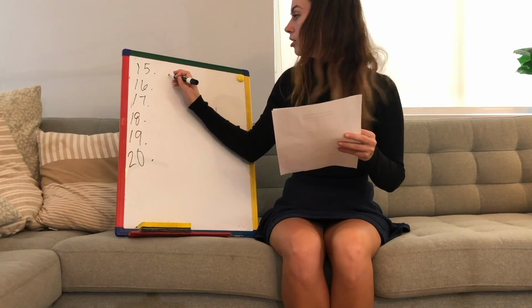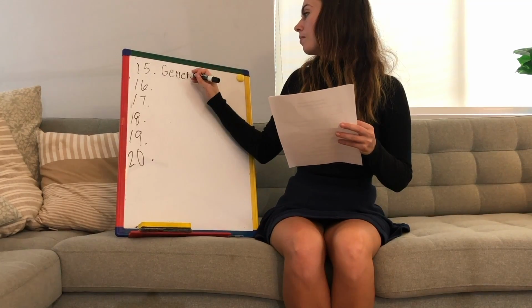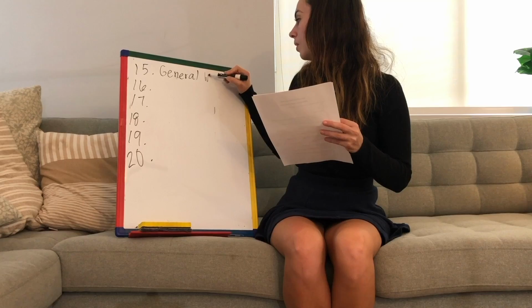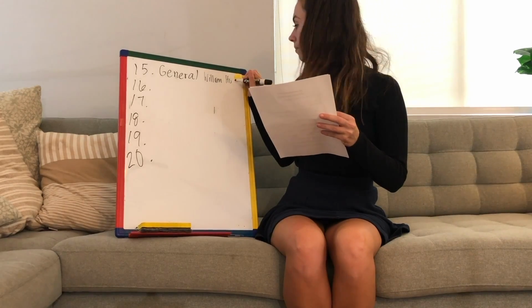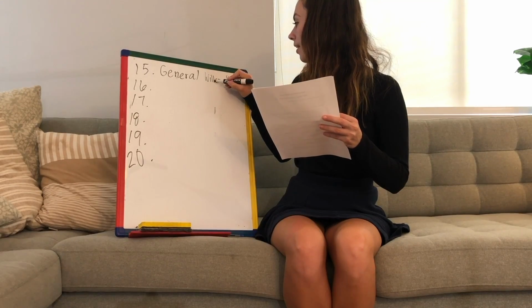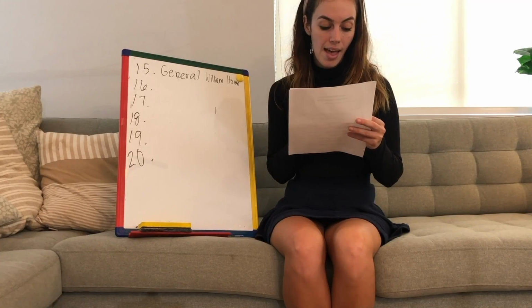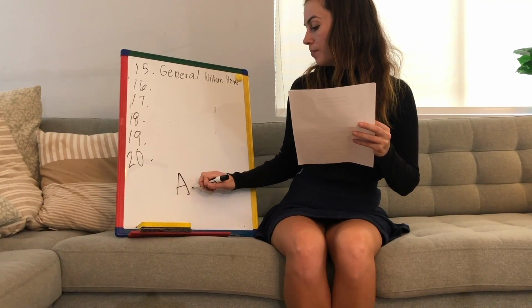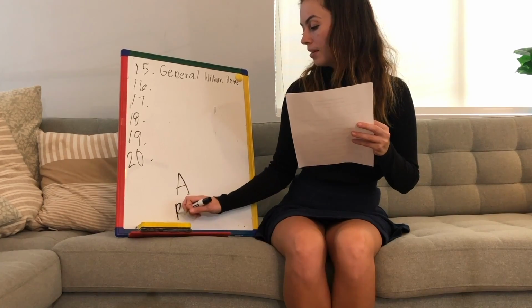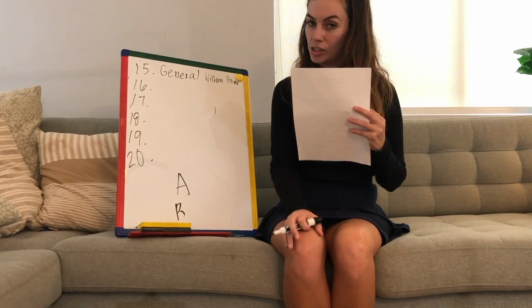So we've got General William Howe. You're either going to write A next to their name or B. A if they were on the American side, B if they were on the British side. Okay.